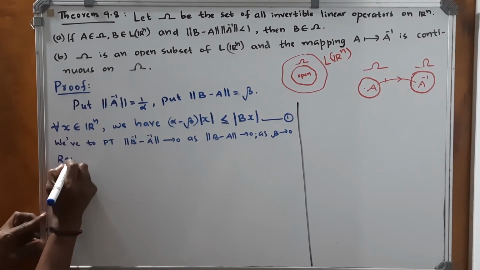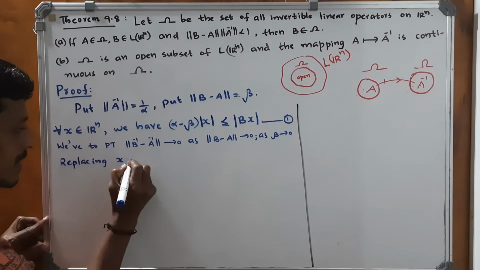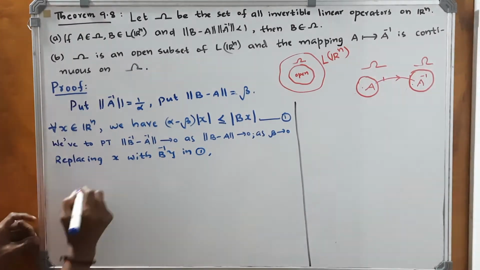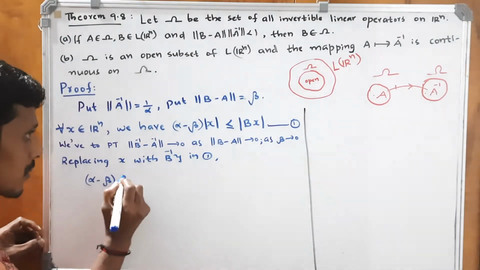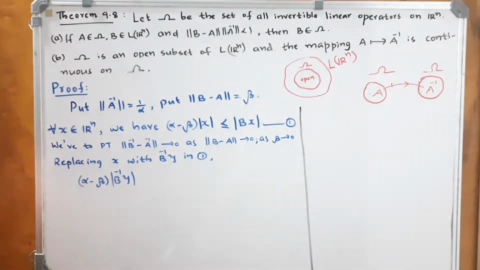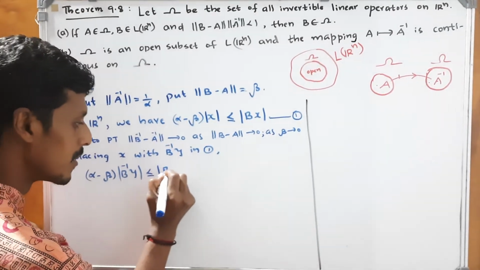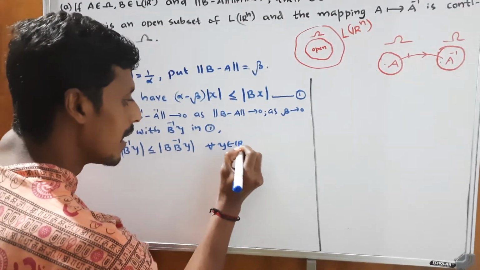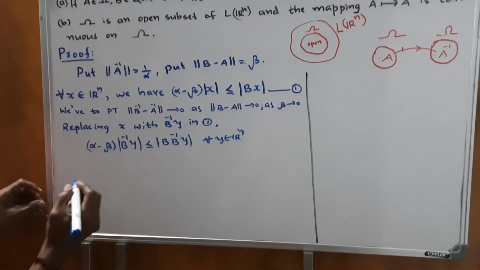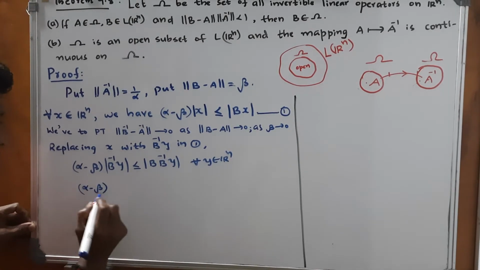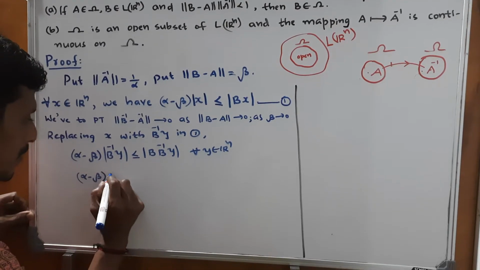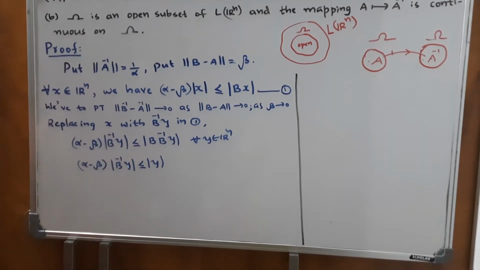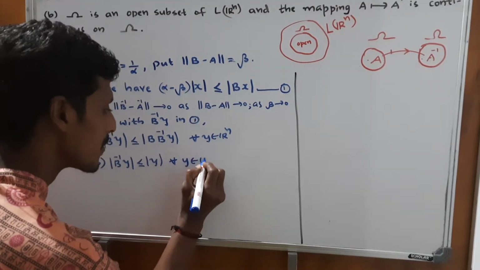Replacing x with B inverse y in equation number 1, we get (alpha minus beta) times modulus of B inverse y is less than or equal to modulus of y for every y belongs to Rn.